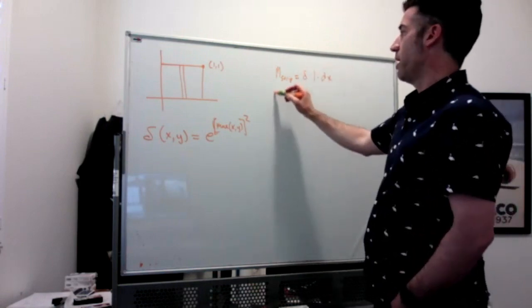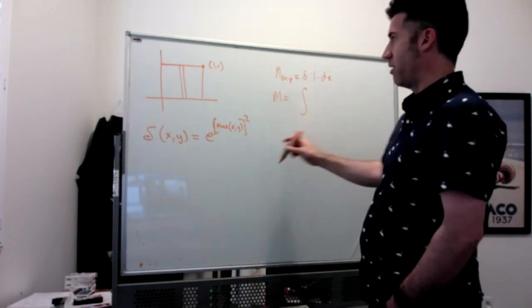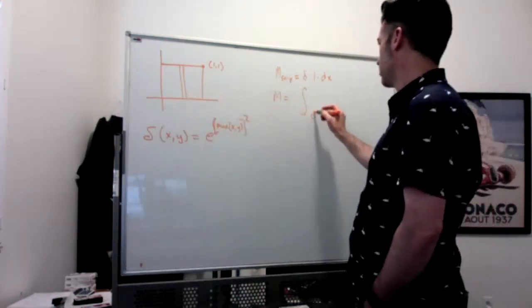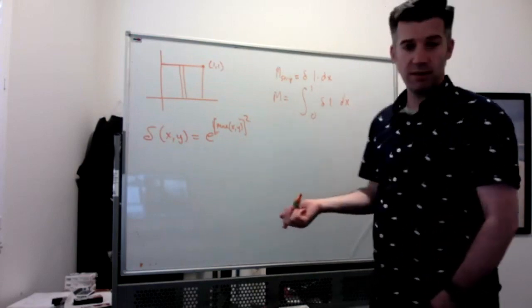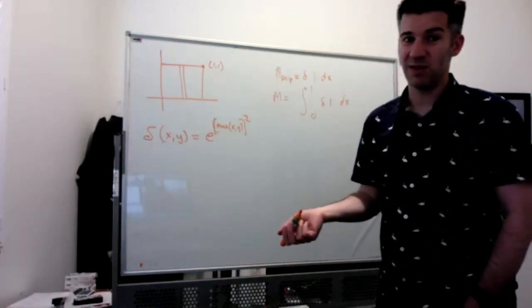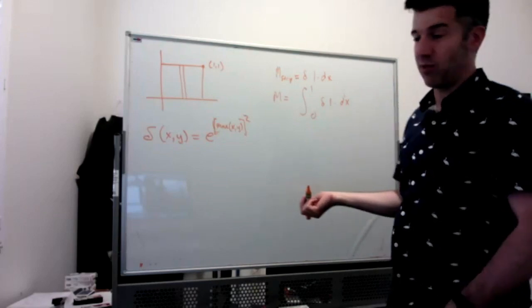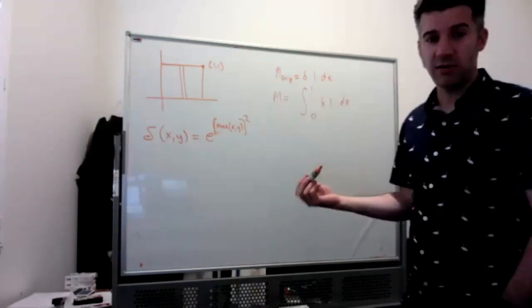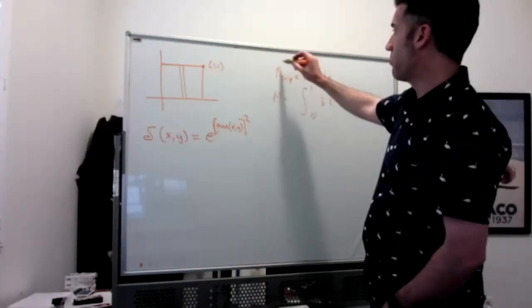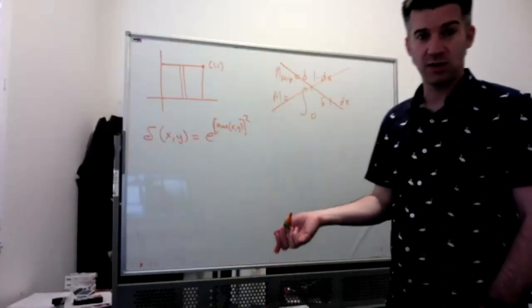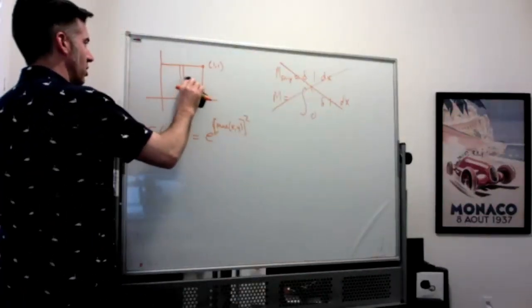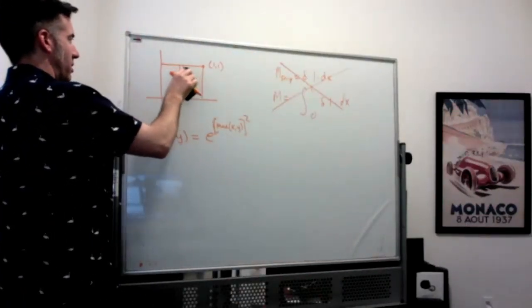And then the total mass normally would be the integral of that from 0 to 1. The problem is the density doesn't always depend on x, it depends on x and y. So the key observation you have to make here before you can do this is you have to break this up into sections where the mass is one thing versus the other thing. So let me show you how I can break this up.